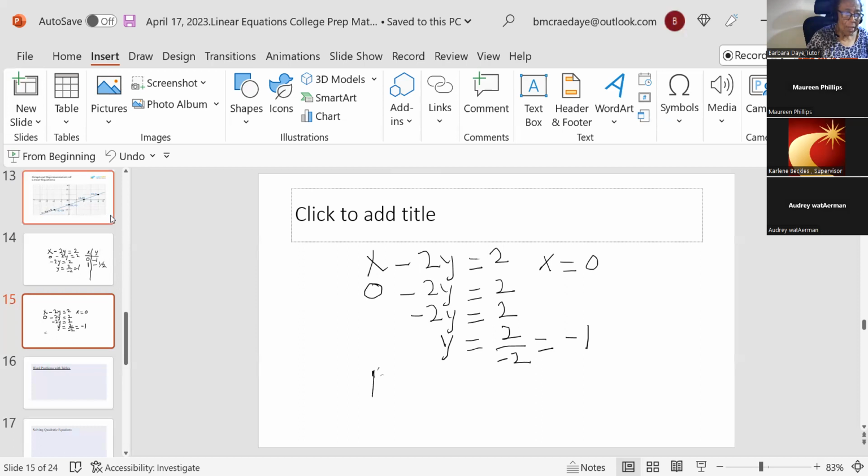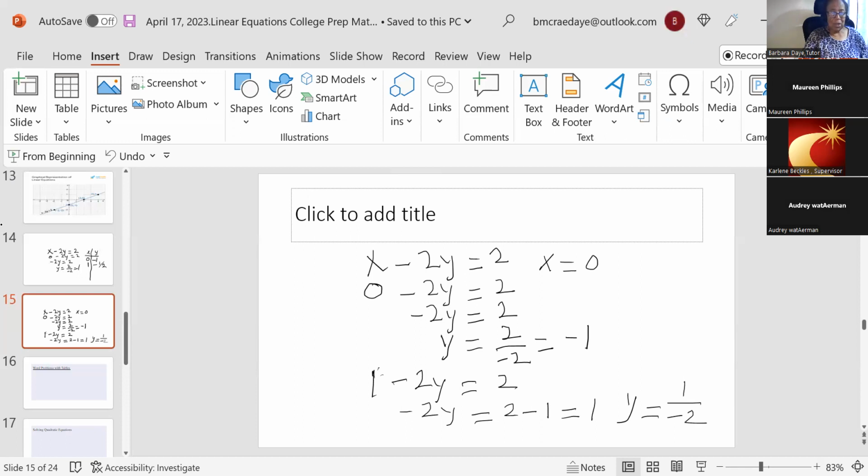So put 1 minus 2y equal to 2. Right? Now subtract the 1 from both sides. You got minus 2y equals 2 minus 1. And that's equal to 1, right? So divide both sides by negative 2. Y would be equal to 1 over a negative 2, or minus 1/2.